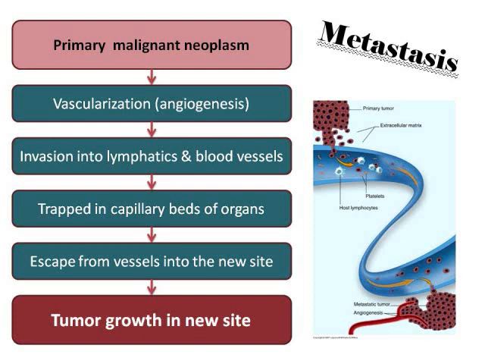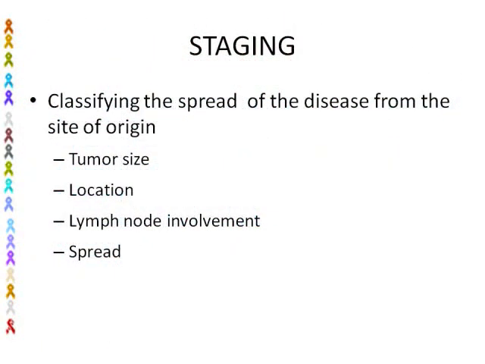From the angiogenesis, it moves to invasion into the lymphatics and the blood cells. It travels through the blood cells and the lymphatics, but it will get trapped in the capillary beds of the organs, sit there and escape into the new tissue, and there the new tumor is going to grow.